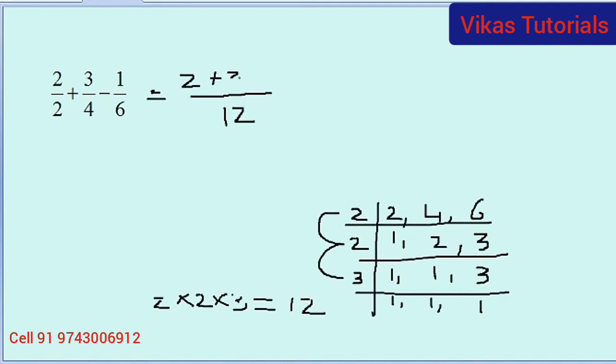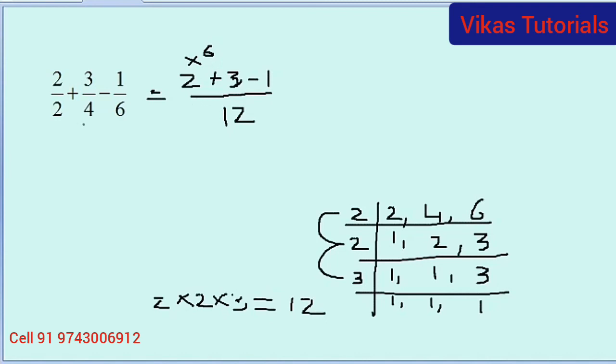Now the numbers are 2 plus 3 minus 1. Okay. Now this first denominator is 2. Divide 12 by 2. When 12 is divided by 2, answer is 6. So this becomes 2 into 6. First number you have to multiply with 6.